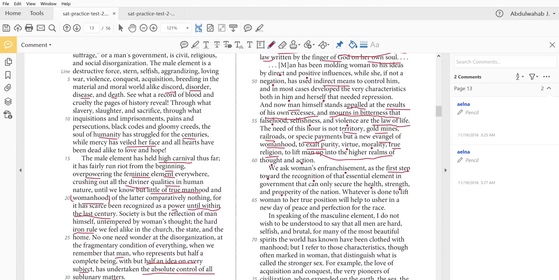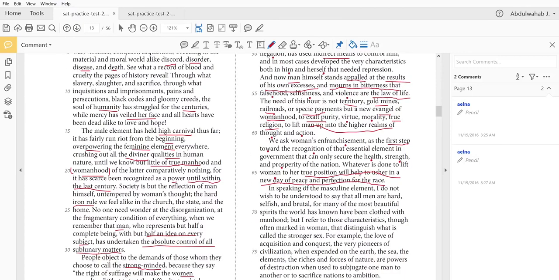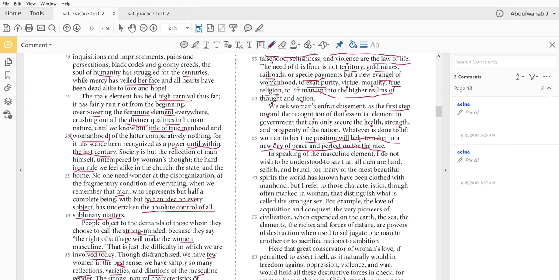Whatever is done to lift woman to her true position will help to usher in, to introduce, a new day of peace and perfection for the race. So anything done to improve the state of women in society will help lead to a state of more peace and perfection for all of the human race. Basically, it's going to benefit the human race.